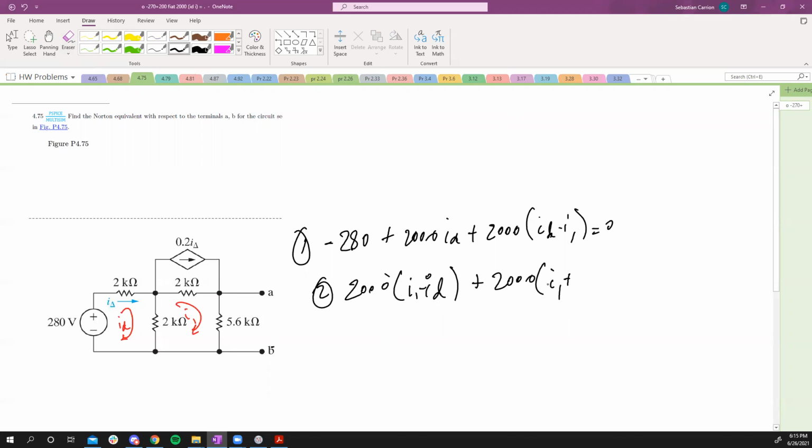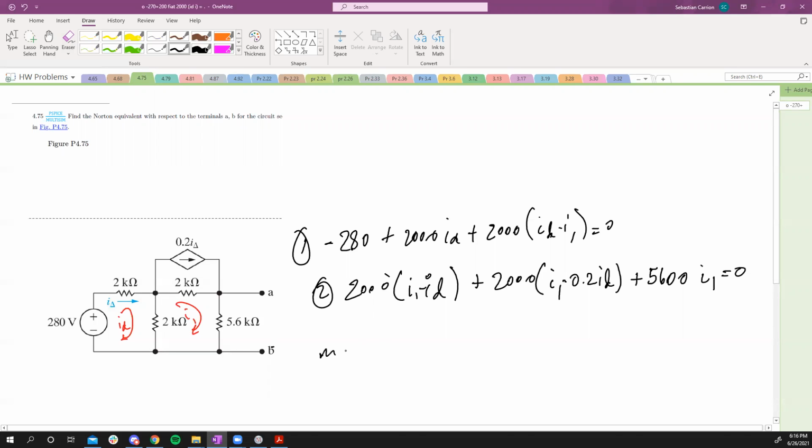Okay, so then 2000 I1 minus 0.2 ID plus 5600 equals 0.